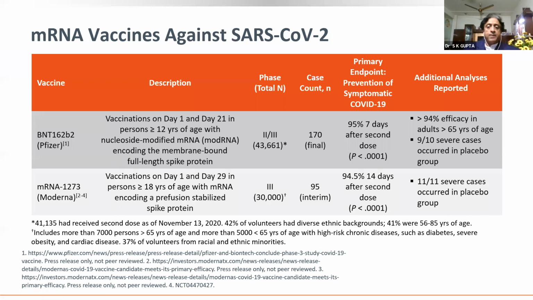If we compare head to head the two mRNA vaccines which have been approved, the Pfizer BioNTech vaccine has been used in more than 43,000 people in phase 2, 3. And the Moderna vaccine has been used in more than 30,000 people, and both have shown an efficacy of 95%, which is a fairly good and robust trial.